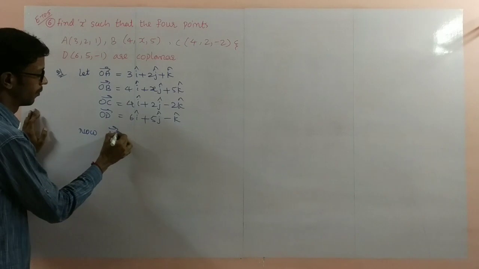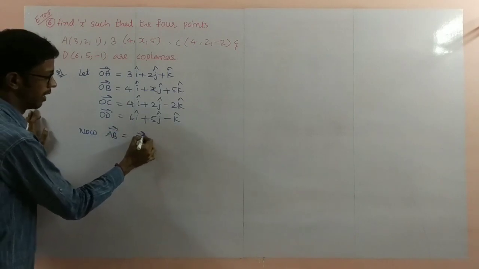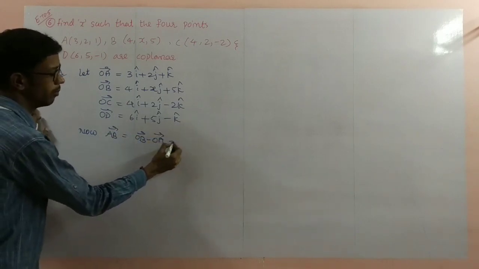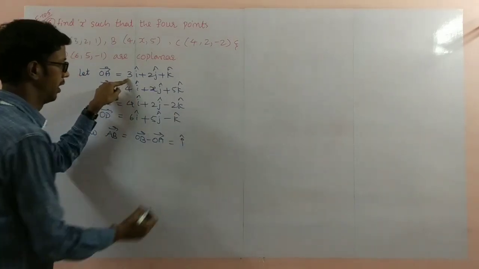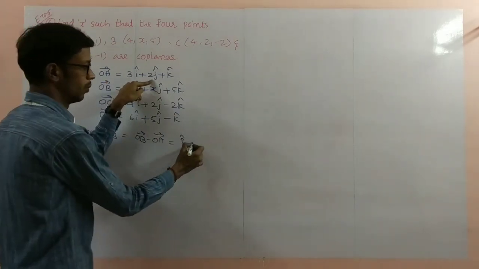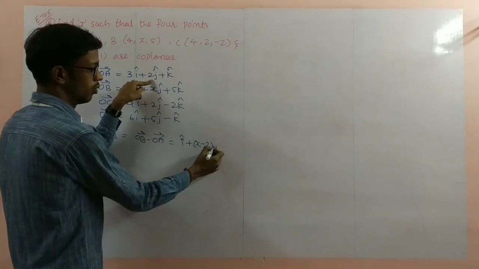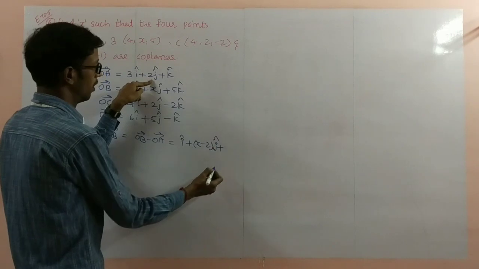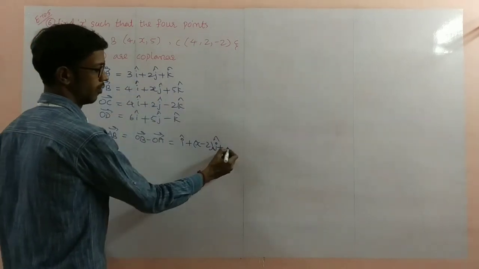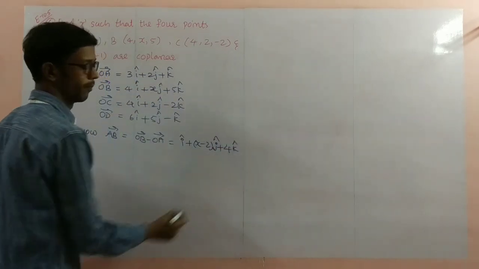AB bar, OB bar minus OA bar. 6 minus 3, 1 i cap. x minus 2, (x minus 2) j cap. 5 minus 1, 4 k cap.